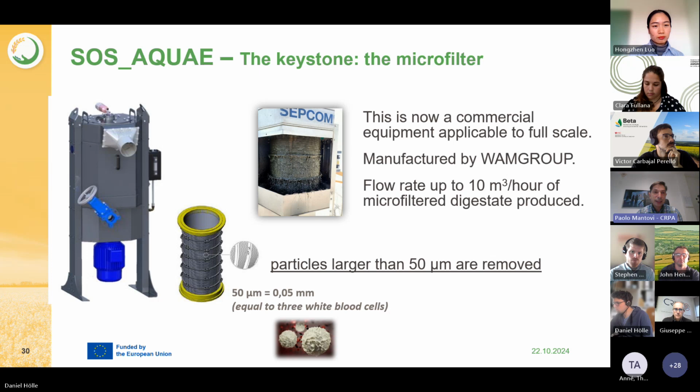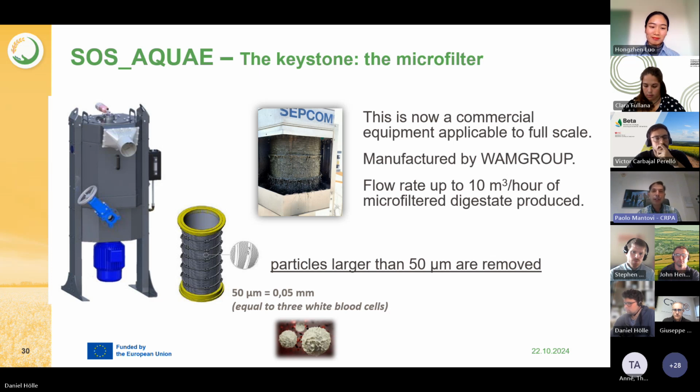The keystone of this treatment scheme is this microfilter that is capable to separate particles that are larger than 50 micrometers. And to give you an idea, 50 micrometers is the dimension of around 3 white blood cells.